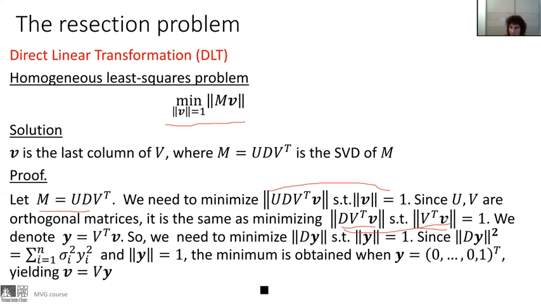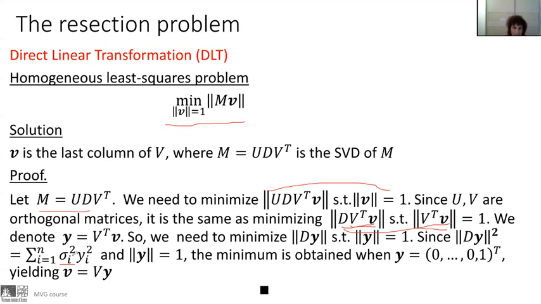So let's denote V transpose v by y, okay? So we need to minimize the norm of D y such that the norm of y is exactly 1. Since D, most of it is 0, and it has on the diagonal sigma 1 to sigma n, the norm of D y squared is the summation of sigma i squared y i squared, and the norm of y needs to be 1.